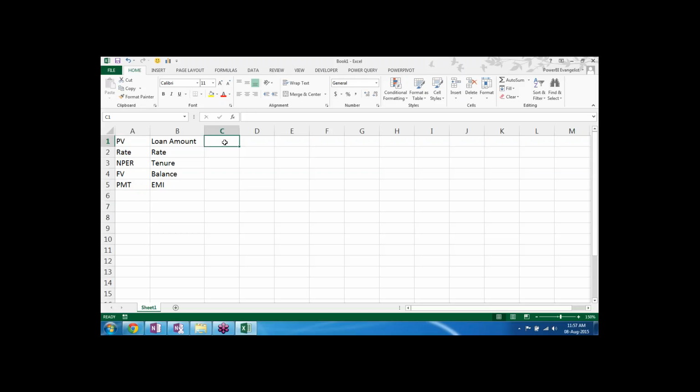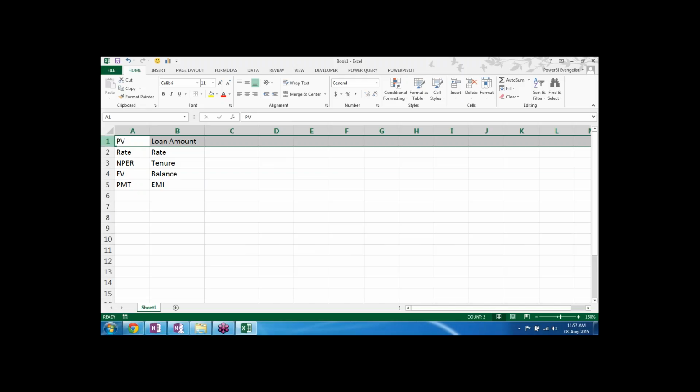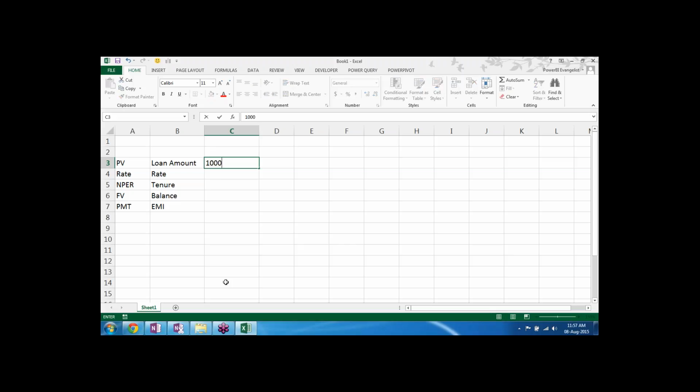So let's understand some scenarios. Let's take an example that you have taken a loan of 1 lakh from a bank at the rate of, let's say, 6% per annum. So 6% per annum means how much it will be per month?